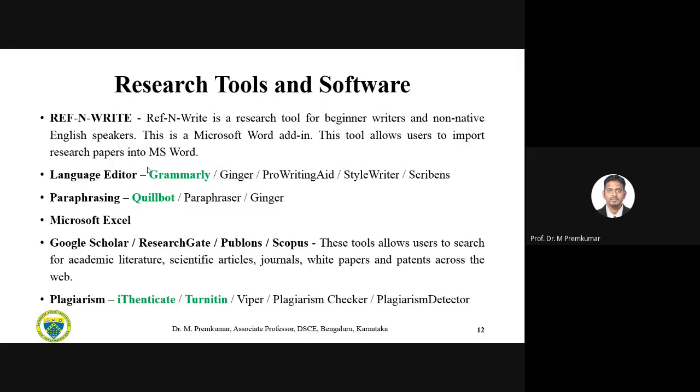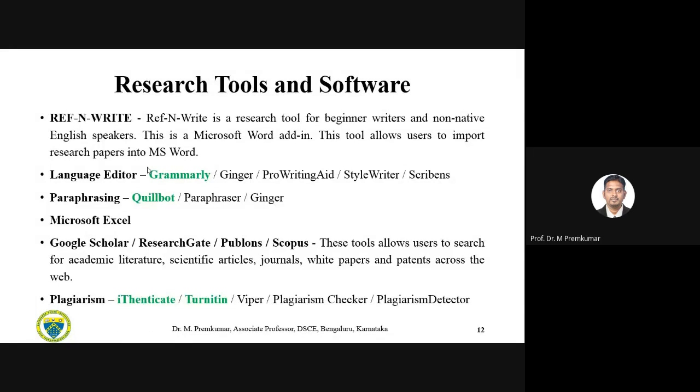Okay, and the last one is plagiarism tools. How to check? I have written the paper and everything is perfect now. I just want to submit the paper to the journal, or submit my proposal to a funding agency. Before that, you have to check the plagiarism. To check it, we have different tools like Authenticate, Turnitin, Viper, Plagiarism Checker, and Plagiarism Detector.